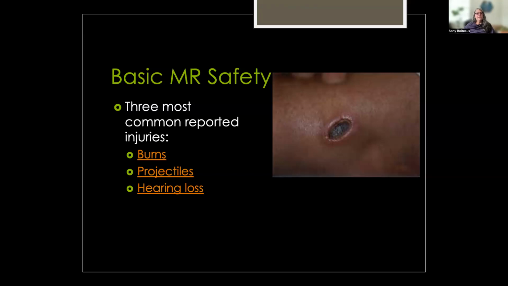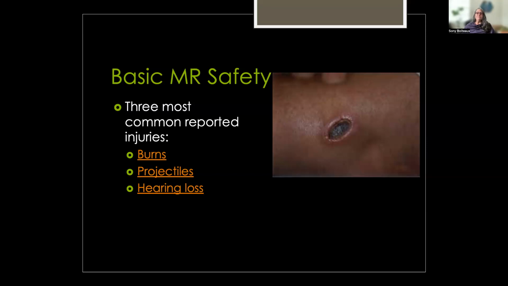Okay. And then the number 3 issue that our patients experience is hearing loss, because when our system is activating those radio frequency and gradient hardware components, they do shift around inside of the gantry of our system and they make quite a bit of noise.